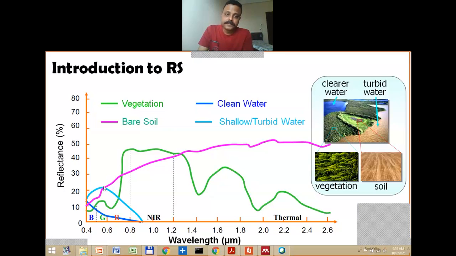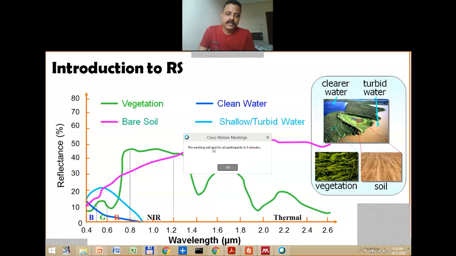Similarly, bare soil means soil which does not have pastures or grass or leaves. Normally, this is in reddish or dark brownish colors. In the blue range, around 400 nanometers, we have a lesser reflectance. Towards the green, it keeps on increasing.